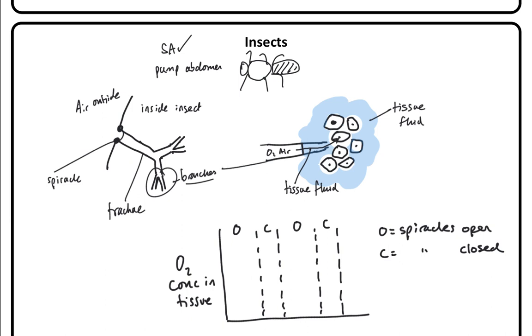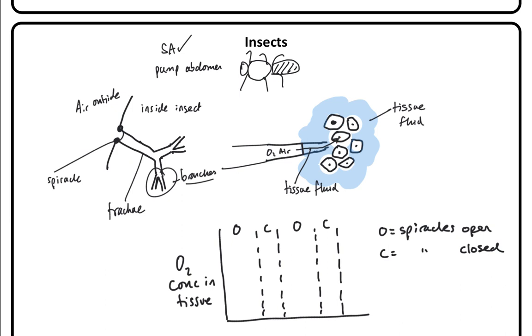So there's lots of air for fast diffusion, and then it has to dissolve, much like it has to do in the alveoli. It has to dissolve in the fluid that lines our alveoli before it can get through the cell. So it has to dissolve and then diffuse into the cell.